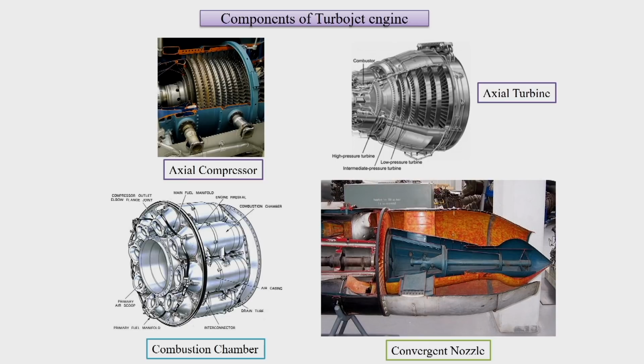So a convergent nozzle would have a sonic outlet. But if we want a supersonic outlet, we would have a convergent divergent nozzle. These are the types of nozzle. What is generally used for the turbojet engine is the convergent nozzle.